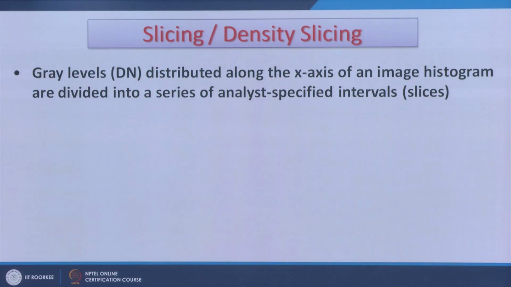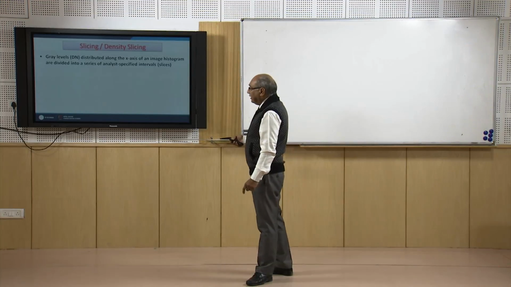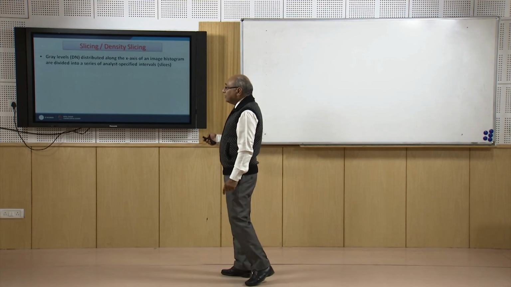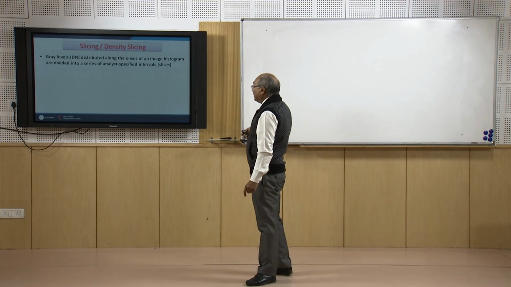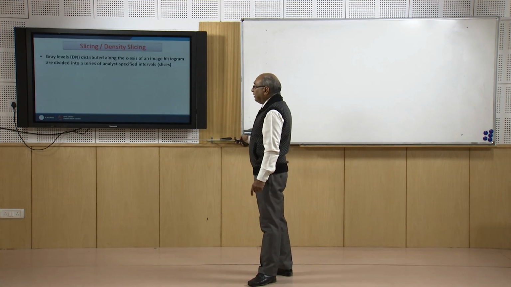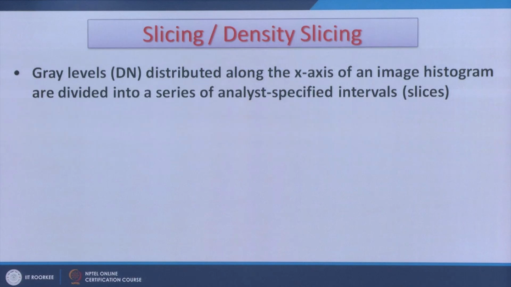There is another simple unsupervised classification technique that we can perform on a single band, or maybe on a color composite, which is called slicing or density slicing. Generally it is performed on a single band, where the gray levels or digital numbers distributed along the x-axis of an image histogram are divided into a series of analyst-specified intervals or slices.